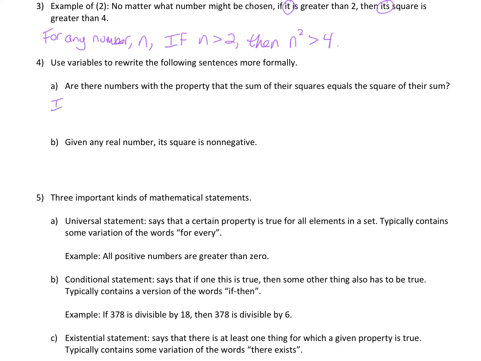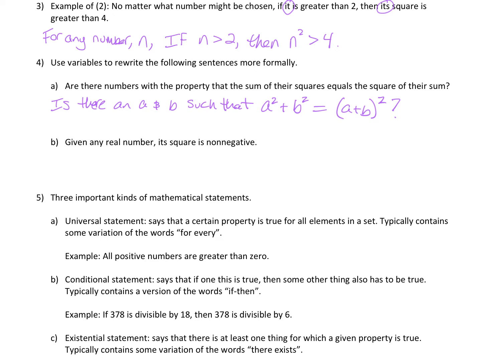Is there an A and B such that the sum of their squares, so that means square them and add them, equals the square of their sum, so that means add them first and then square them. Okay, so that's just a little fact to ponder. We're not going to answer it right now. We're just working on translating these English sentences to more mathematical notation using variables.